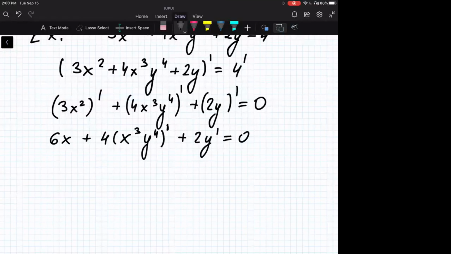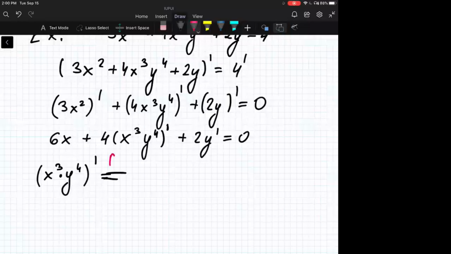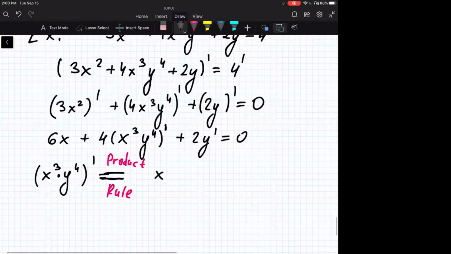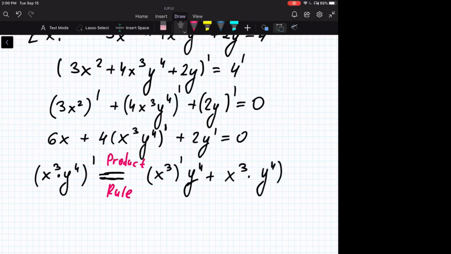And what about this term, x cubed y to the power 4 prime? First, I need to use the product rule, because it's a product of 2 functions, and that gives me the derivative of x cubed times y to the power 4 plus x cubed times the derivative of y to the power 4.